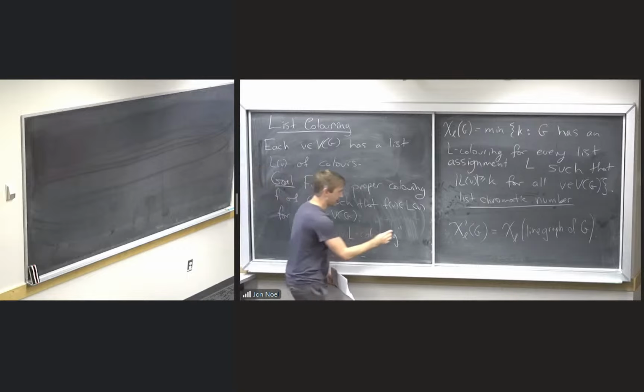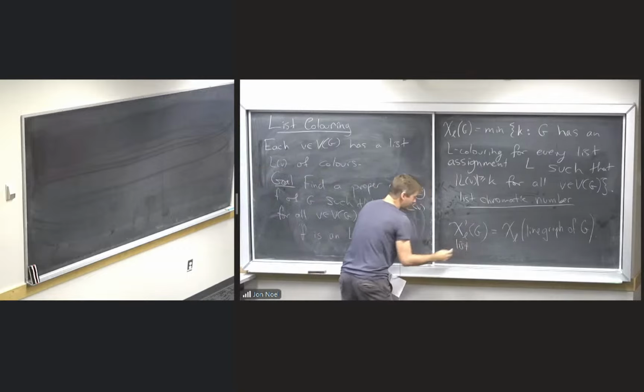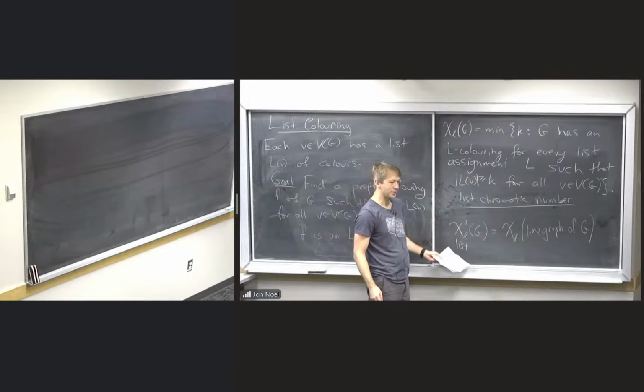And this is the list chromatic index. So basically you use the word number when you're coloring vertices and index when you're coloring edges.